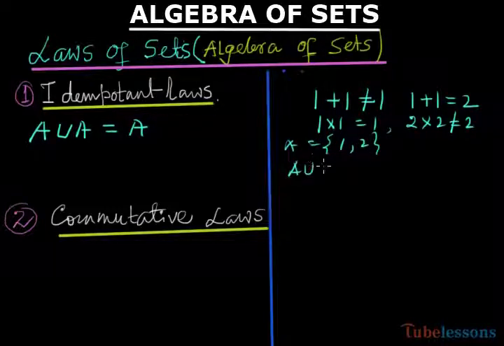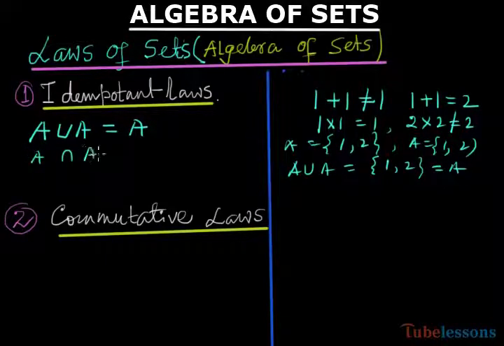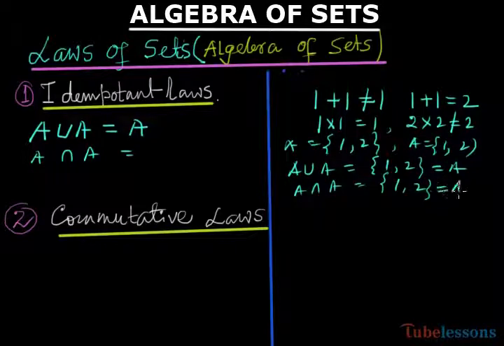A union A means there are two sets, and union means the collection of the elements from either set, so it becomes again {1, 2}, which is equal to A. And if you do the intersection, that is, the elements which are contained in both, again we get 1 and 2, which is equal to A. So these two laws are called idempotent laws.